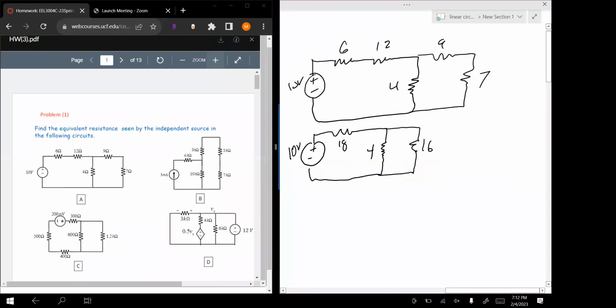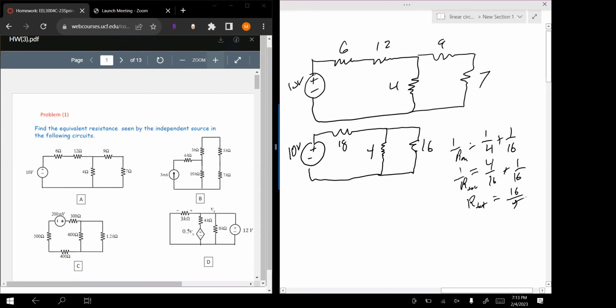Now to combine these two in parallel, we got 1 over R equivalent is equal to 1 over 4 plus 1 over 16, which if I'm right, that's going to be 4 over 16 plus 1 over 16 for 1 over R total. So R total is going to be 16 over 5.